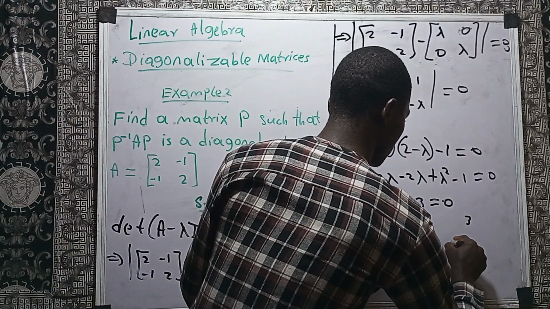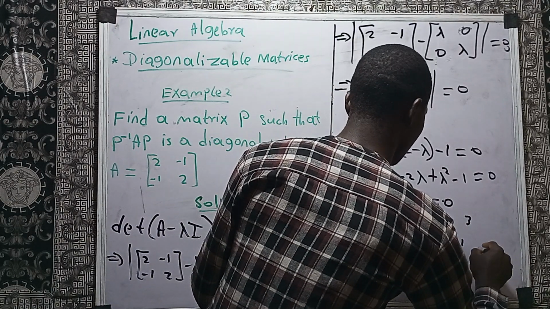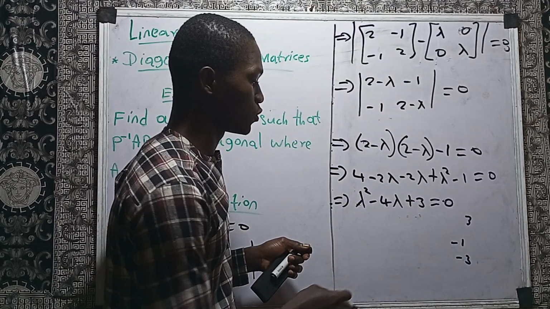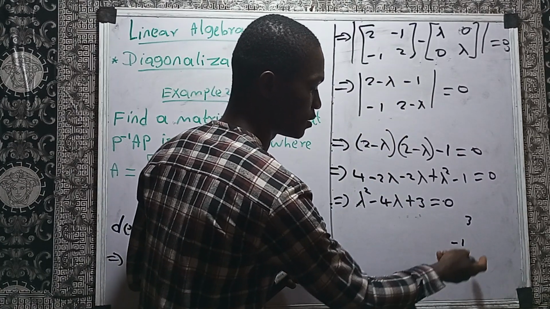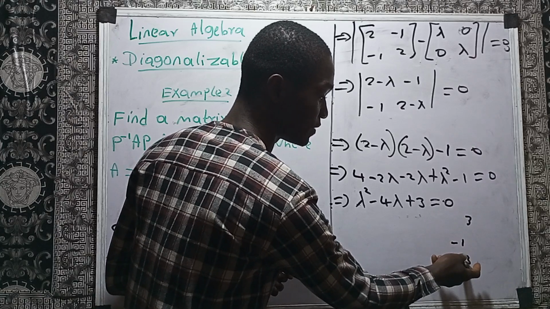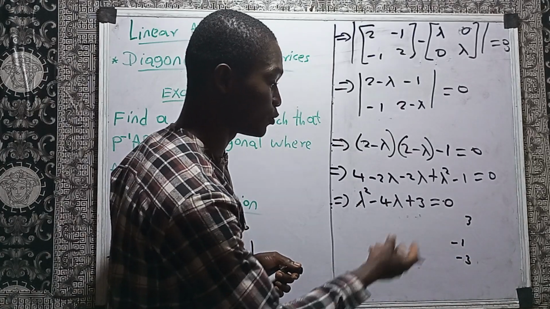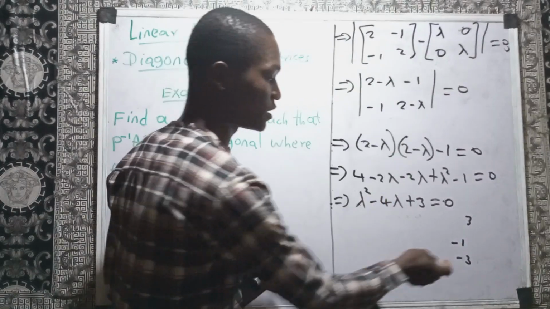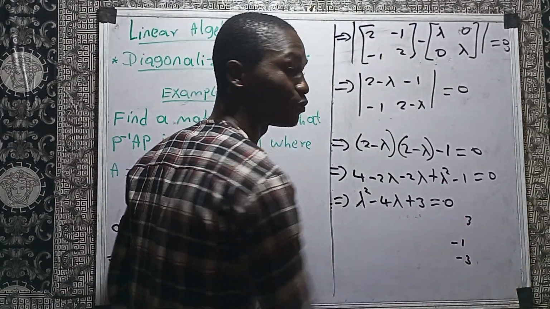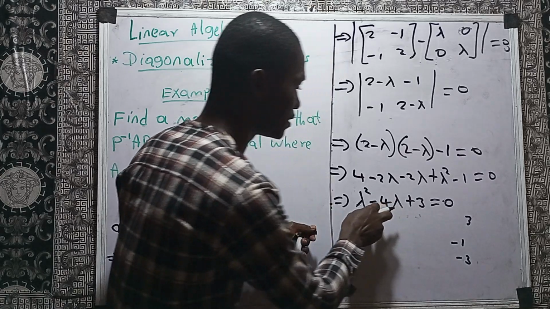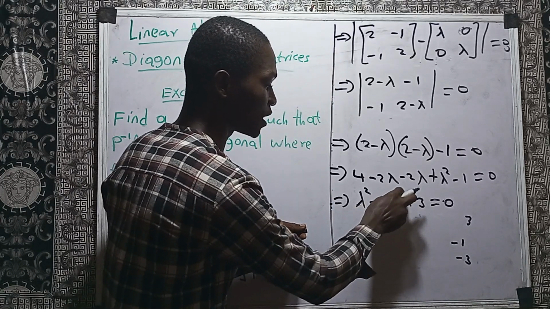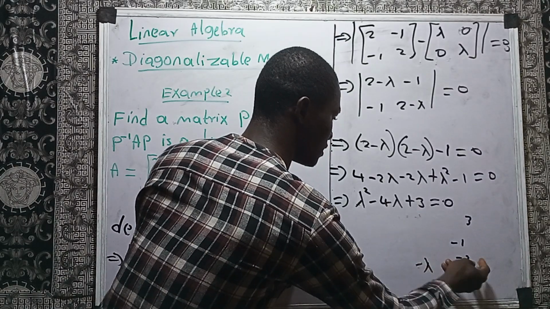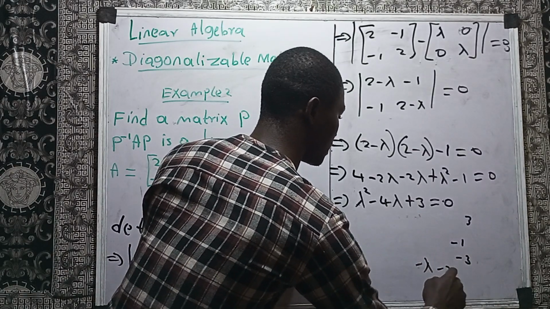So those two factors will be negative 1 and negative 3, because negative 1 plus negative 3 will give you negative 4, and if you multiply them, their product will give you positive 3. So this negative 4 lambda can be written as negative lambda, negative 3 lambda.